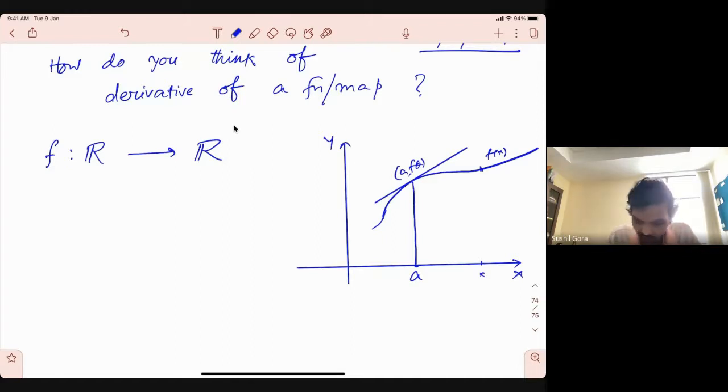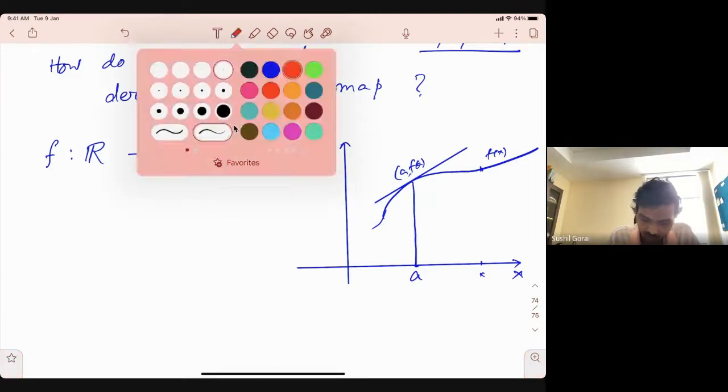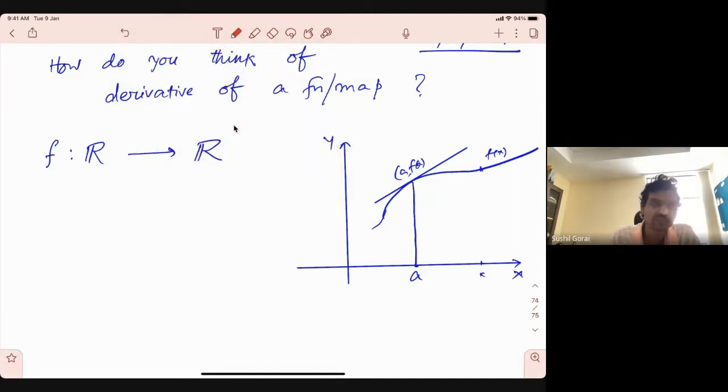Whenever we think of the derivative for functions from R to R, we think of this line, the slope of this line. Having this line and having its slope are both equivalent, right? Once you know the line, you know the slope. And of course this must pass through a comma f(a), so that determines the whole line.